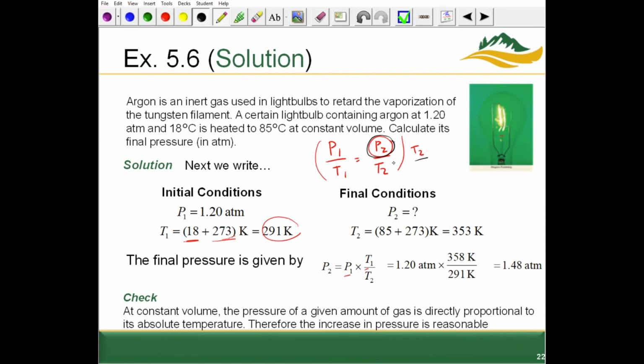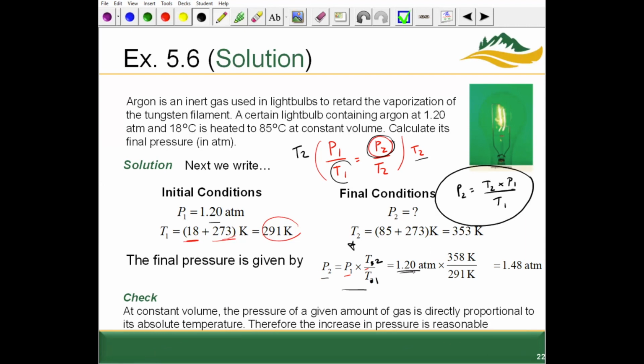So P2 is equal to P1 times T2 divided by T1. I apologize for these typos. I try to catch them from the book, but I did not catch this one, so I will fix this. P2 is equal to T2 times P1 over T1, just to write this out really clearly.